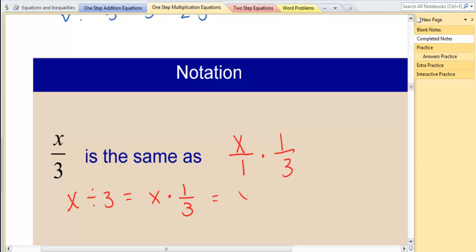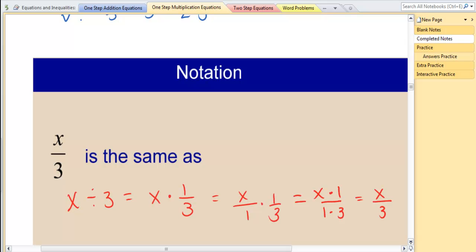And I just rewrote that as x over 1 times 1 over 3 so that we can clearly see the numbers in the numerator and the numbers in the denominator. So that is the same thing as x times 1 over 1 times 3, which equals x over 3. So what I've proven here is that x divided by 3 is the same thing as x times 1/3.